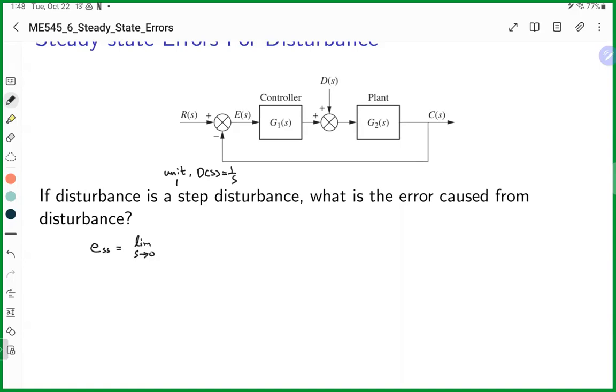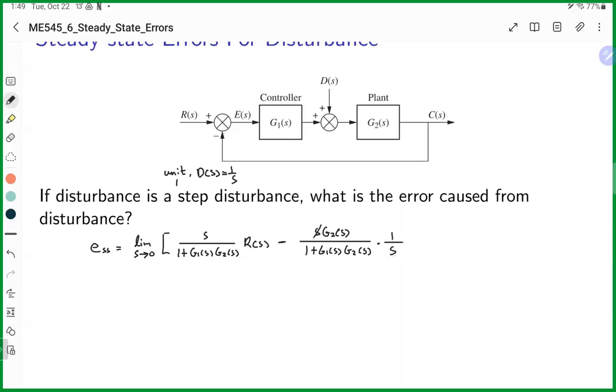So error at steady state is equal to the limit as s goes to 0 of s multiplied by E of s, which is going to be s over 1 plus G1(s) G2(s), multiplied by R(s), minus s times G2(s), divided by 1 plus G1(s) G2(s), multiplied by our step input, the disturbance input.